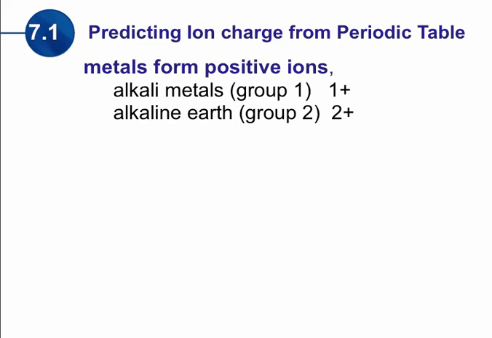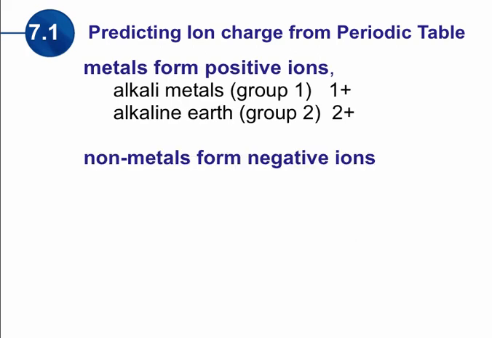Look on the other side of your periodic table. The nonmetals. All of the nonmetals form negative ions. And there's a pattern with those as well. The halogens, group 17, all have a 1- charge. They are all a negative 1, and there's one exception to all of these charges.